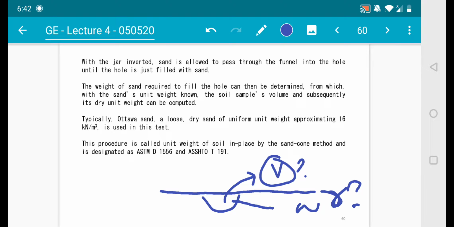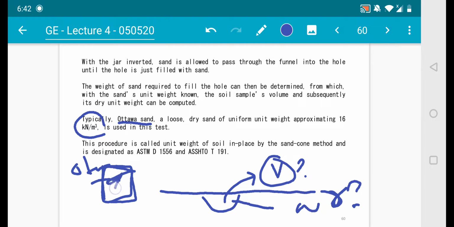So you have another apparatus, which has standard sand properties. They call it Ottawa sand. This is the standard that has a unit weight of 16 kilonewton per meter cube. So you're going to have a standard sand. This one, you know the unit weight and you know the moisture content.